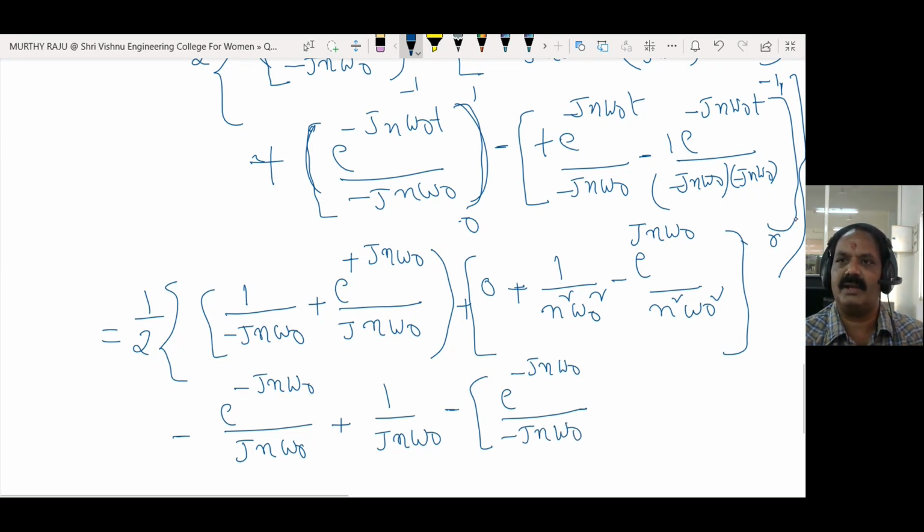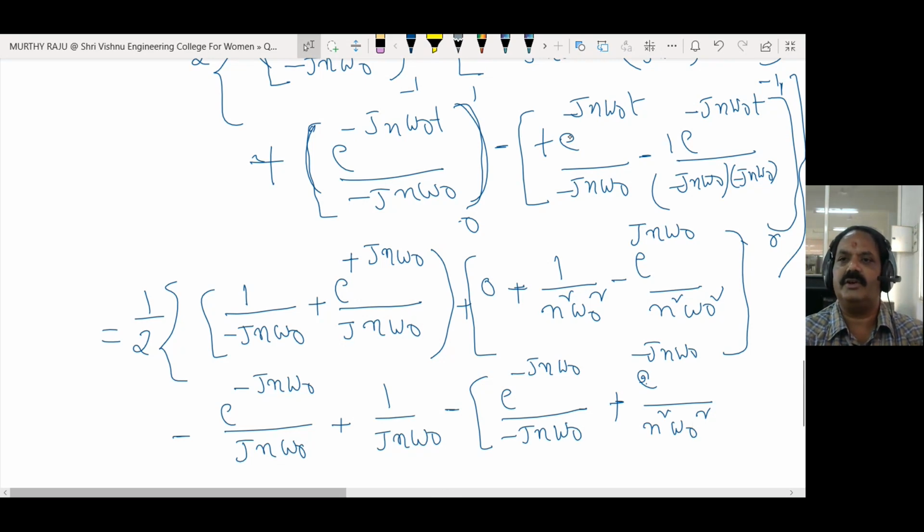For t equal to upper limit 1, lower limit 0, minus e^0. Here j into j squared is minus 1, minus into minus plus, over n squared ω₀ squared. Substitute the lower limit 0: minus into minus plus, j into j squared is minus 1. Finally, we got minus 1 by n squared.